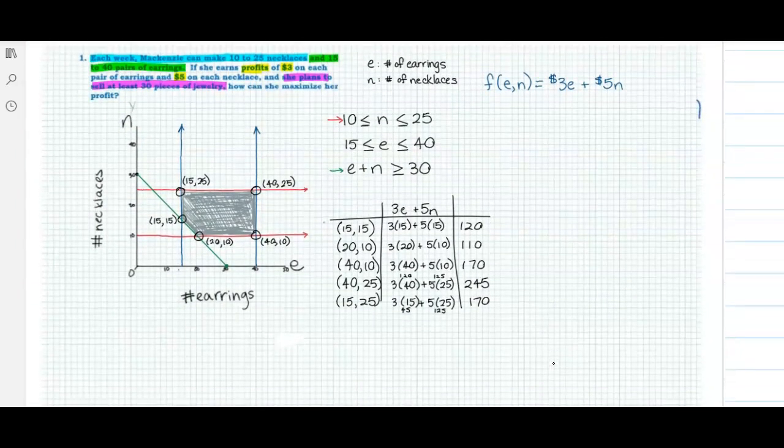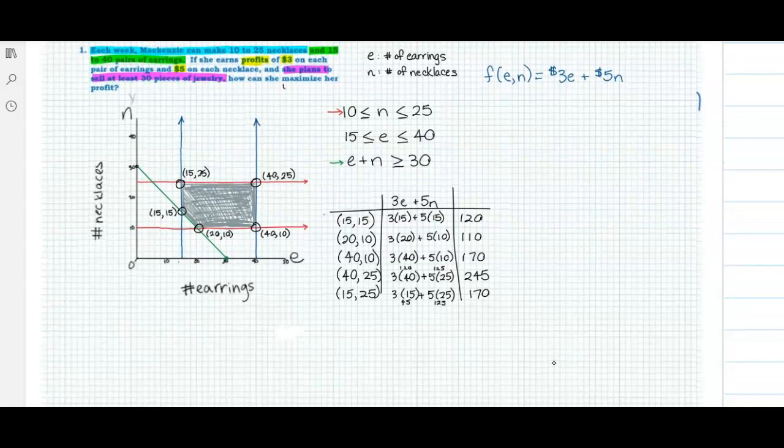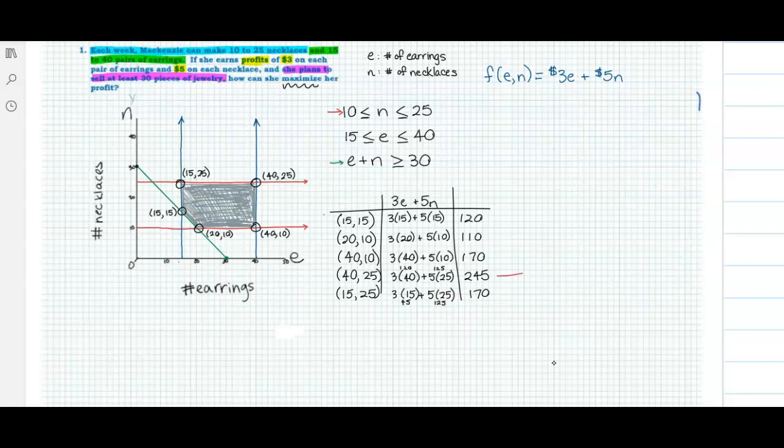So, how can she maximize her profit? We don't actually care what the minimum value is here. We just want to know her maximum.